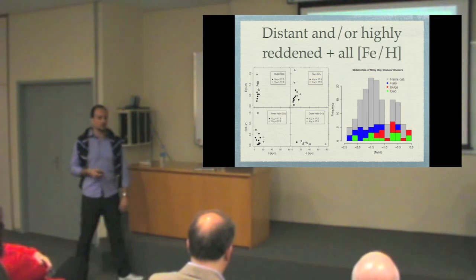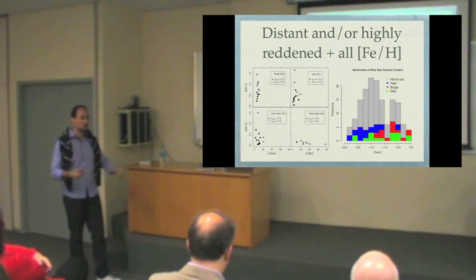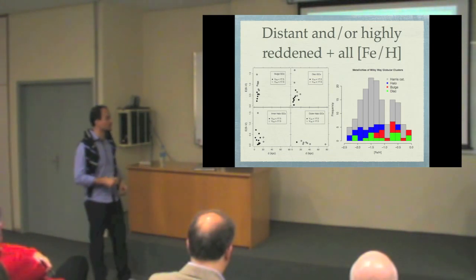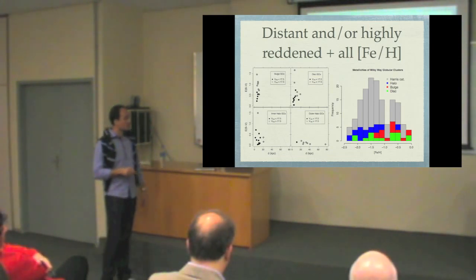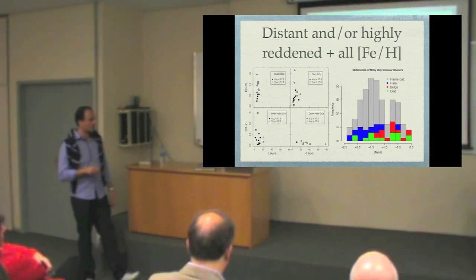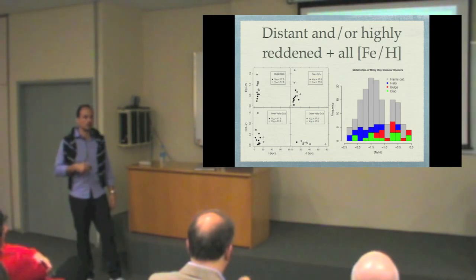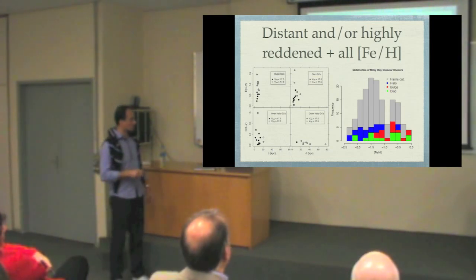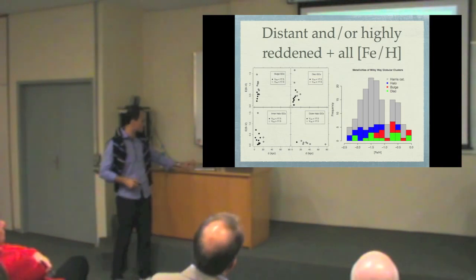And another important issue, if you want to discuss age-metallicity relations and the whole picture of formation and evolution of the Milky Way, we cover the whole range of metallicity for globular clusters in the Milky Way. That is shown here in colors. The gray is the whole sample.